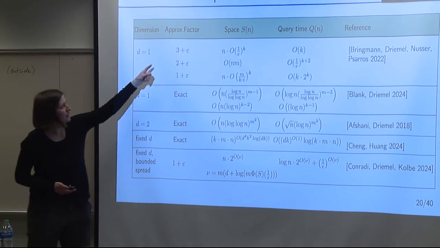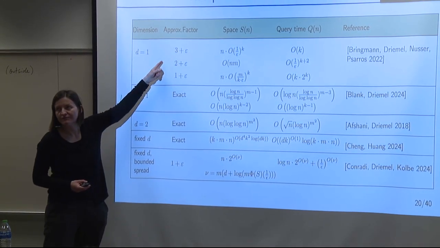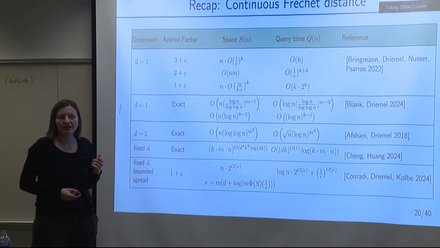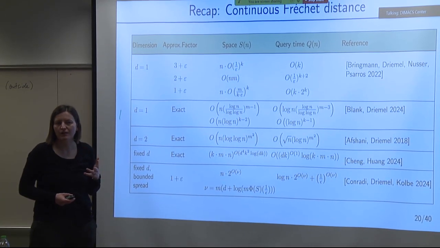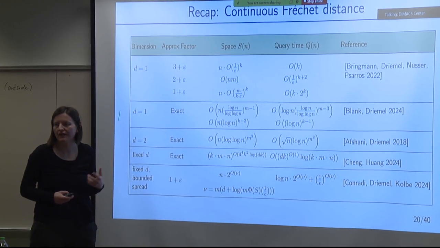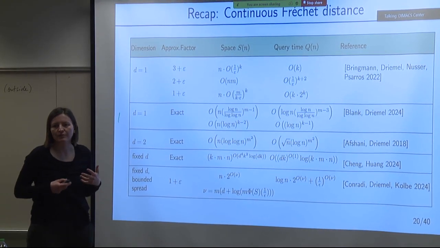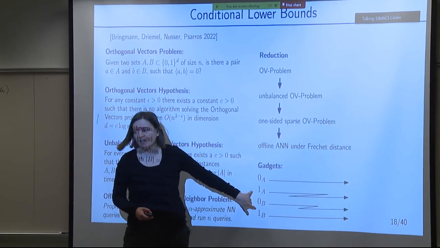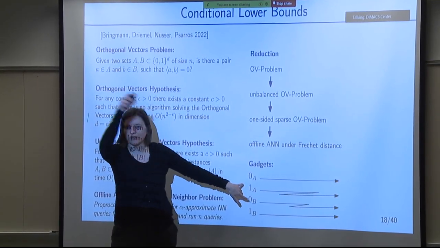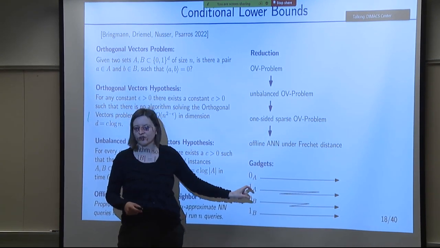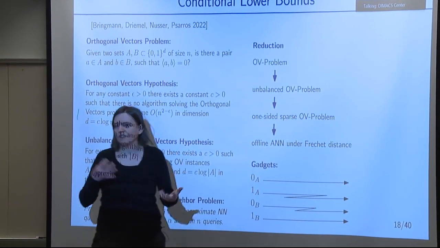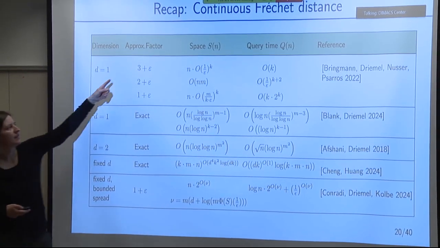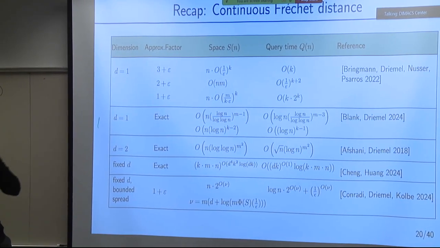We don't get tightness beyond that, because for any approximation factor beyond 3 you cannot get an OV lower bound with these techniques, because of the triangle inequality. If you have an approximation factor more than 3, you cannot distinguish anymore between these two points. By the triangle inequality, going via the others, they have to be at short distance. So then this all breaks down. So we don't have tightness for this one, but it looks relatively good.